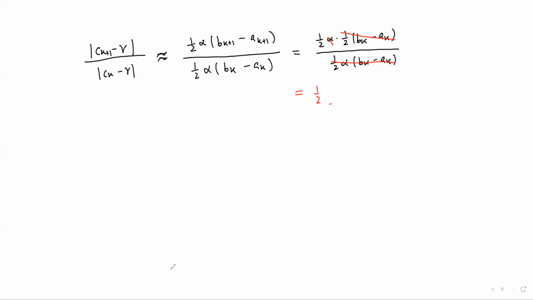Bisection method, convergence rate is linear, not fast. Newton's method, in section 3.2, the convergence rate is order 2, much faster than bisection method.